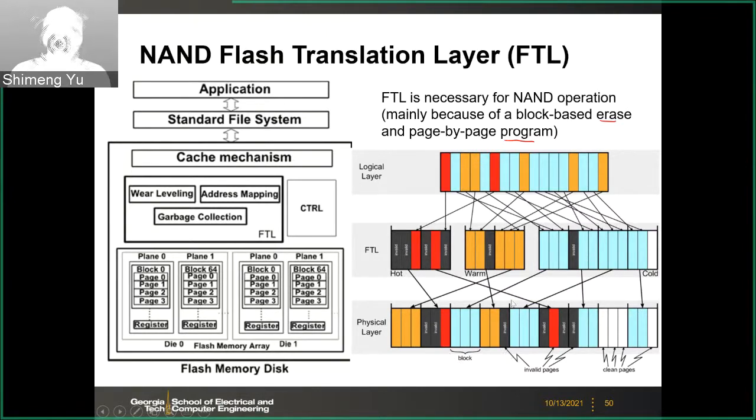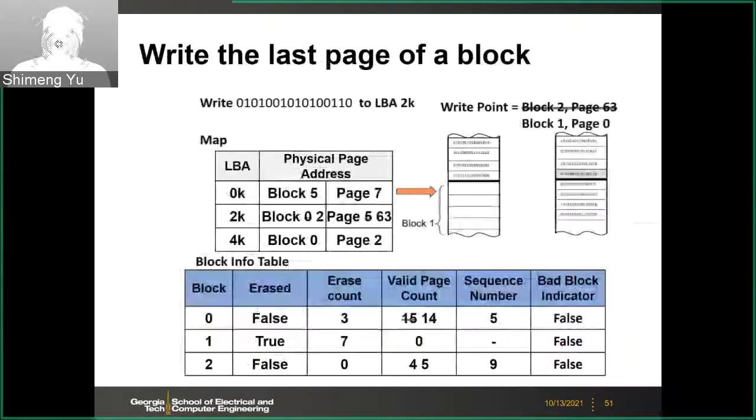And we will discuss the operations in more detail in the following slides. But here basically there is a logic to physical address mapping. And this is due to the block-based erase and page-by-page program mechanism of the NAND flash. We will discuss in more detail using this example.